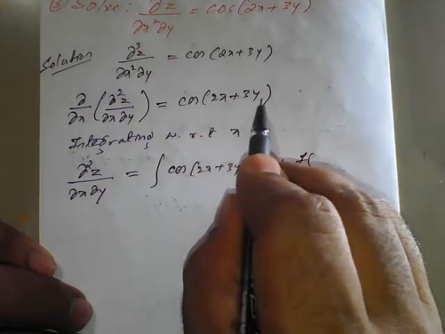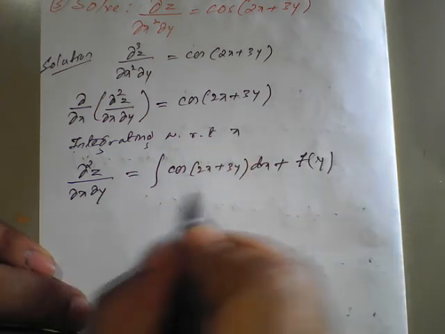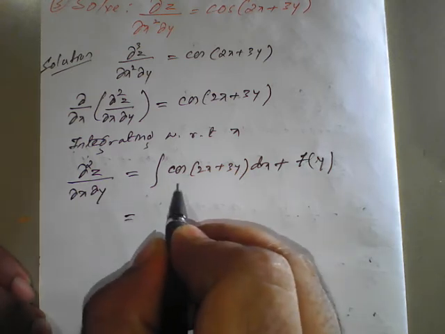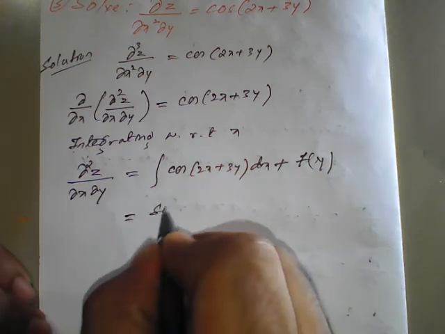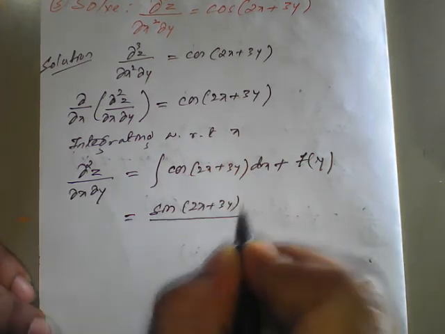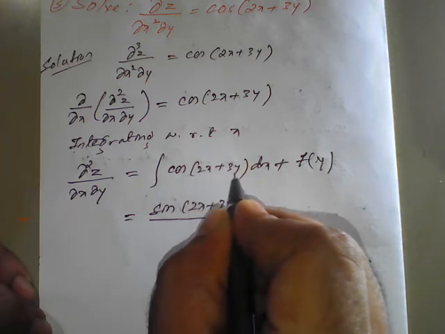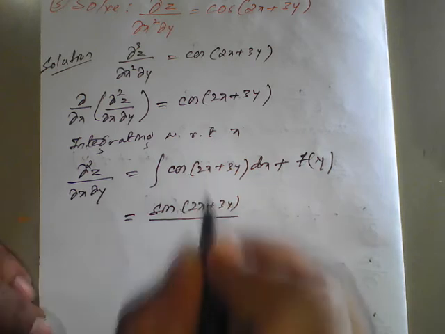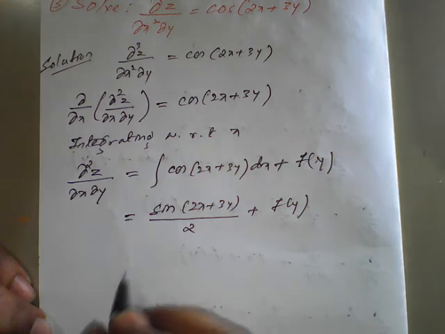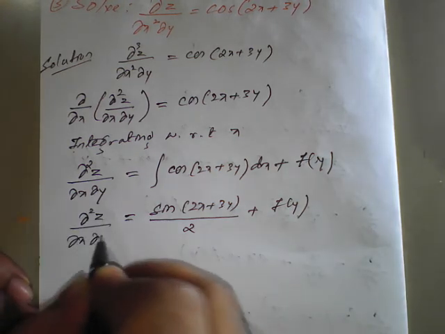We have two variables x and y, so the opposite of x is y, so f(y). The left-hand side as it is. Integration of cos is sin(2x + 3y) divided by the derivative of 2x + 3y with respect to x, which is 2, plus f(y) as it is.